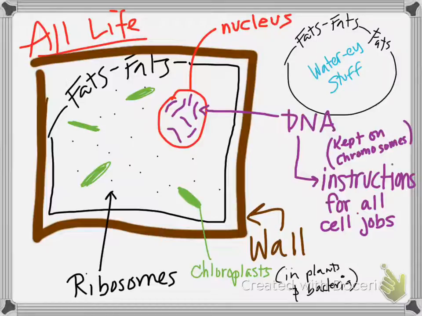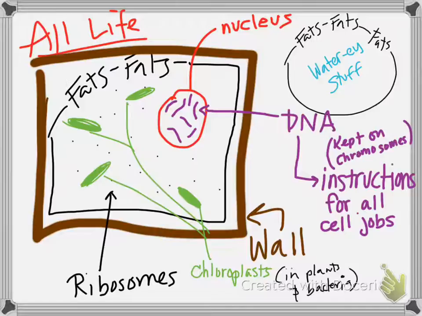You need to be writing stuff down. So chloroplasts, and I symbolize them with these green things. That's where photosynthesis happens. That's pretty important. That's how they make food, from the sun.